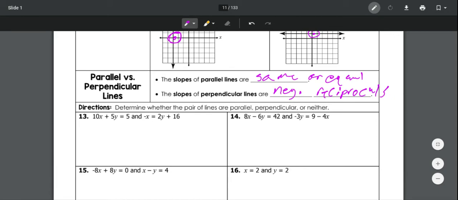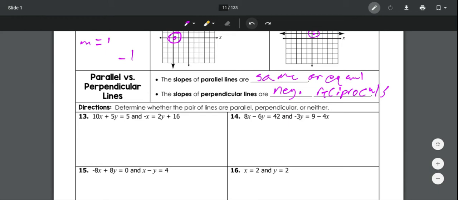Meaning that say your m for one line is 1. A line perpendicular to that, its slope would be -1 over 2. Or actually, it would just be -1 because that would be the reciprocal.